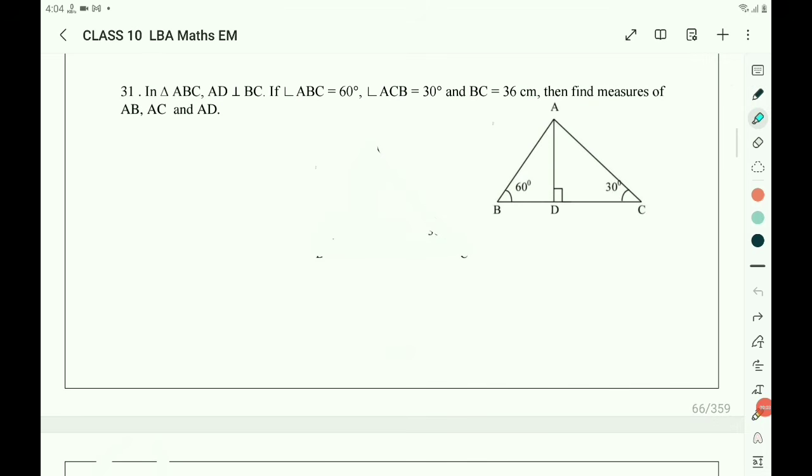Question number 31. In triangle ABC, AD is perpendicular to BC. If angle ABC equals 60 degrees, angle ACB equals 30 degrees and BC equals 36 centimeters, then find the measures of AB, AC and AD.